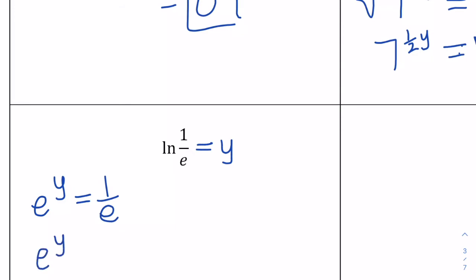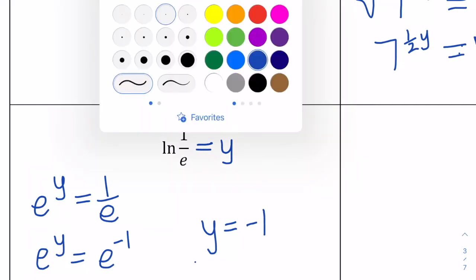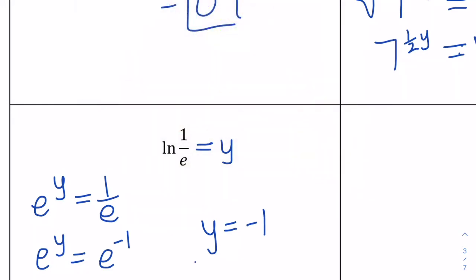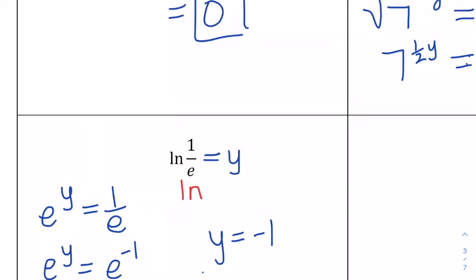Now, 1 over e is just e to the -1, so y must equal -1. Another way we could have written it, I'll use a different color here, is writing this as natural log of e to the -1. And we know that natural log and e cancel each other out and you get -1.